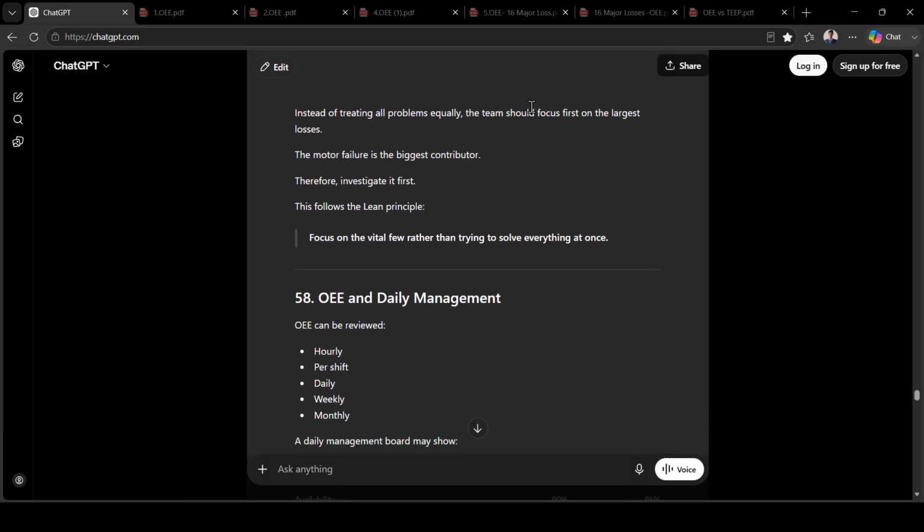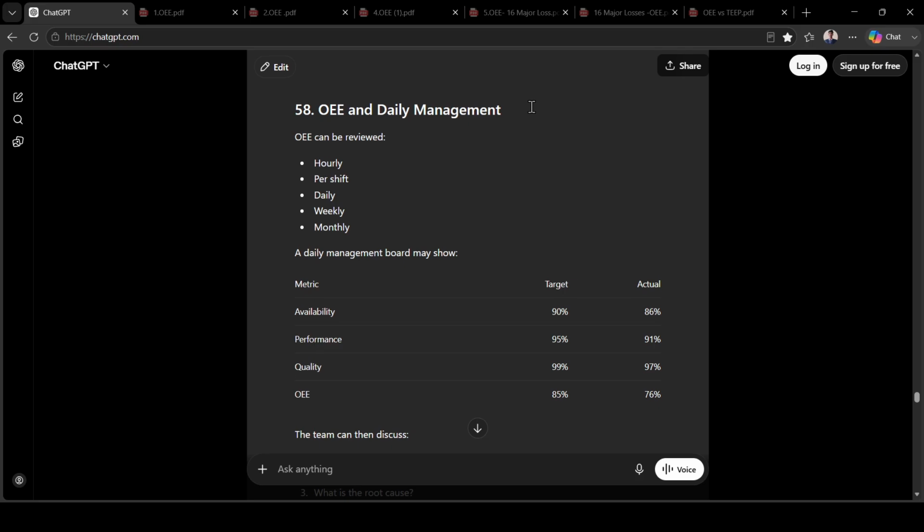OE and daily management. OE can be viewed hourly, daily, weekly, monthly. A daily management board may show metric, target, and actual. Availability target 90%, actual 86%. Performance 95% target, 91% actual.